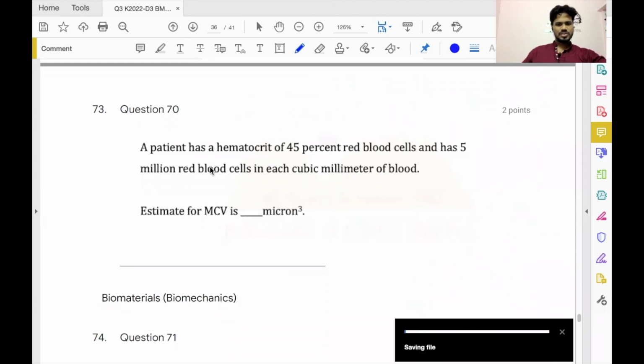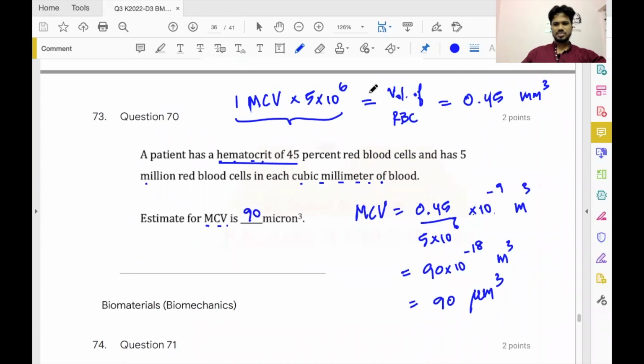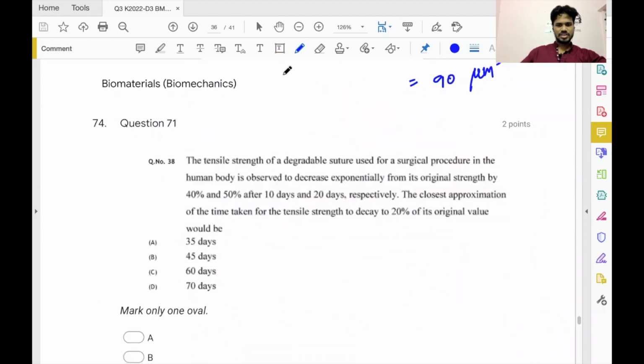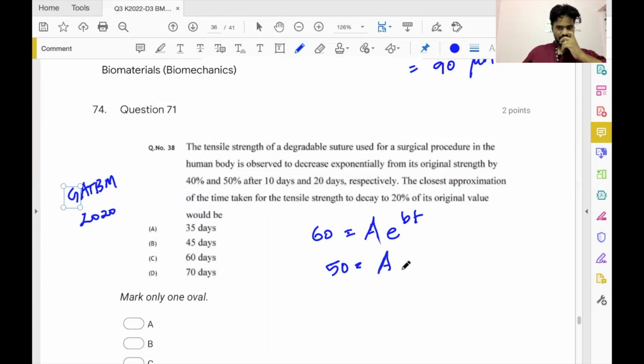Okay, there are a couple more things here. Blood cell count, we'll come to that, but right now I just used a simple volume relation. Okay, fortunately, some of the problems we have done a lot. So GATE BM 2020. Only thing is, remember we start with 60 is some A e power bt, and then perhaps 50 is A e power bt.